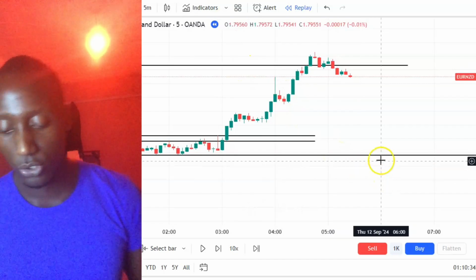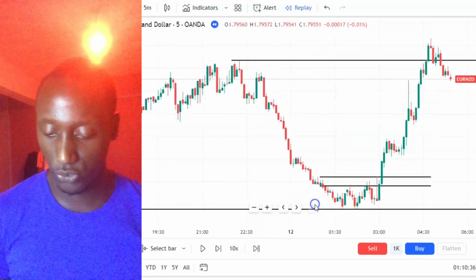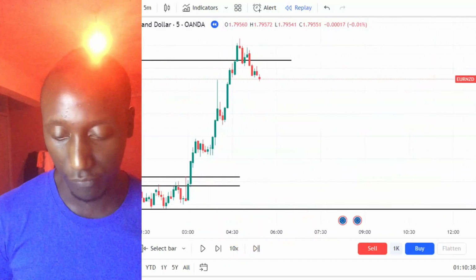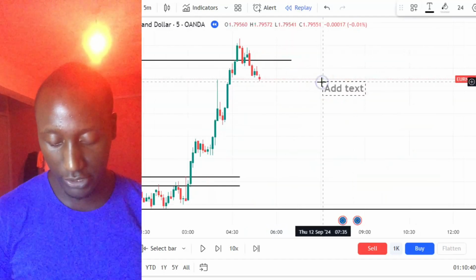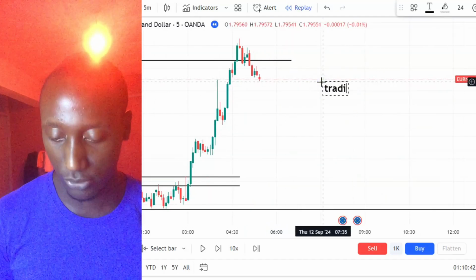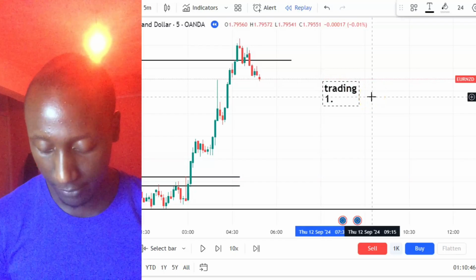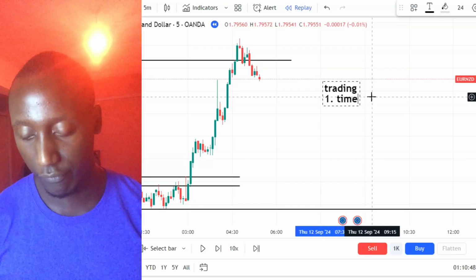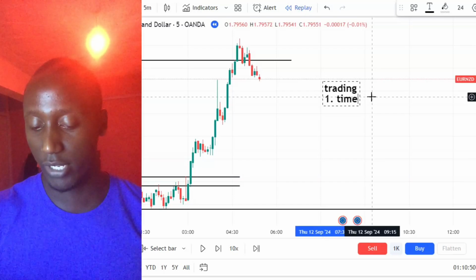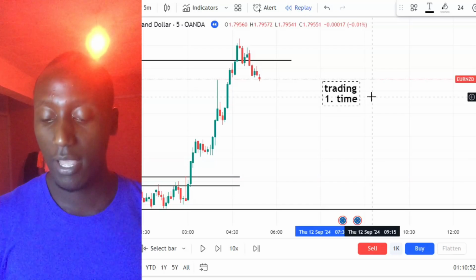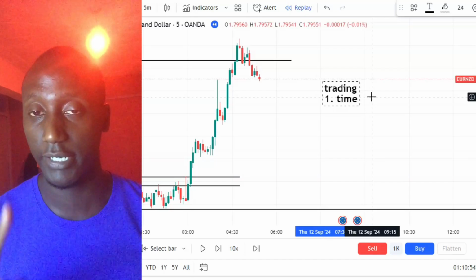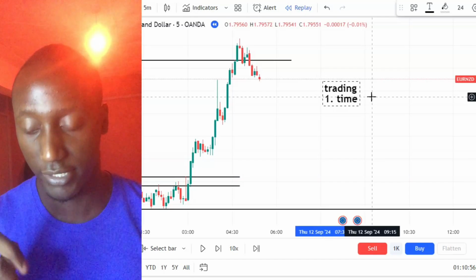But we need to summarize everything. So write this down if you're writing this down. On the trading day, this is the process that we follow. Step 1 is time. So if you don't remember the timing window, you can rewind the video and watch it. But you have to come to the screen at that very specific time.